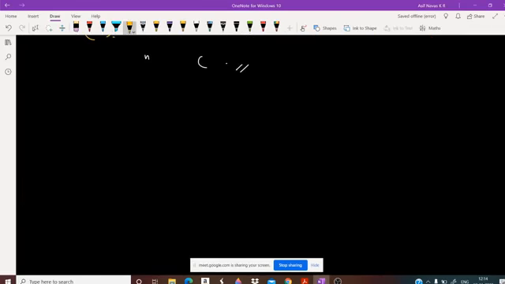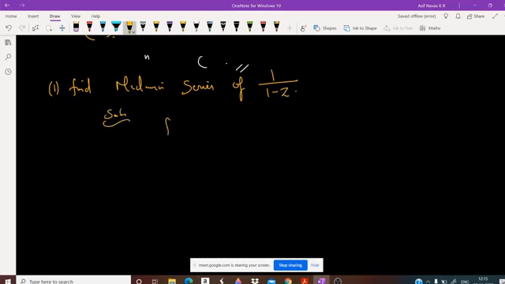Okay, so find the Maclaurin series of 1 by 1 minus z. So the solution: f of z is given as 1 by 1 minus z.